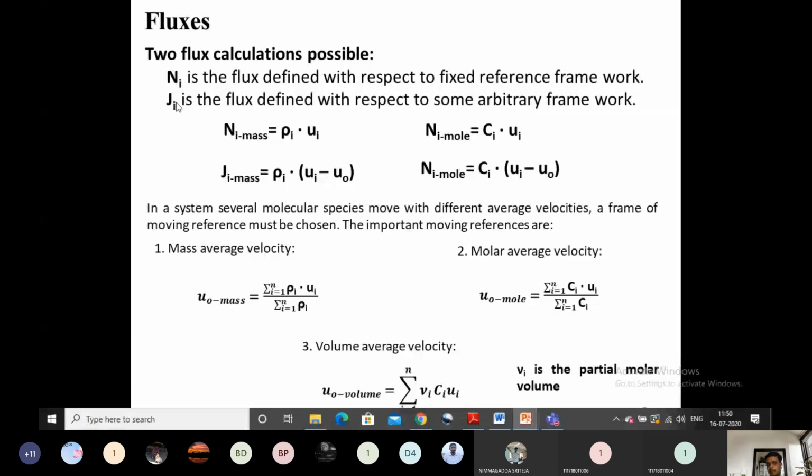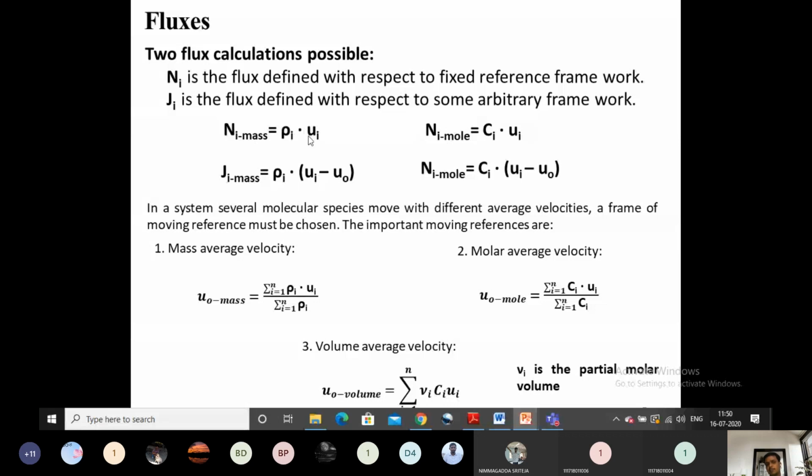When we refer to the flux Ni mass, the units are kg per meter square second. When we refer to Ni mole, the units are mole per meter square second. You have to differentiate these. Ni mass means we have to use the mass concentration rho I, with units of kg per meter cube, multiplied by velocity in meter per second.